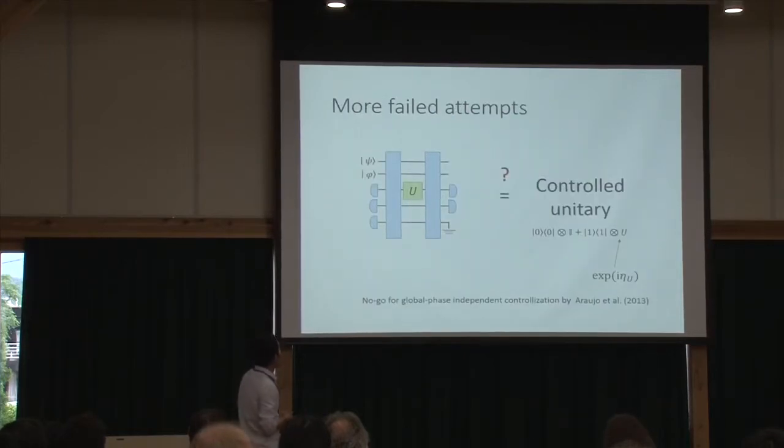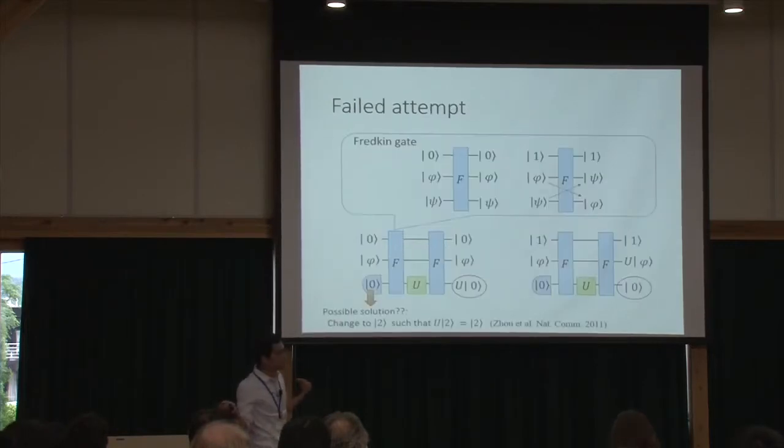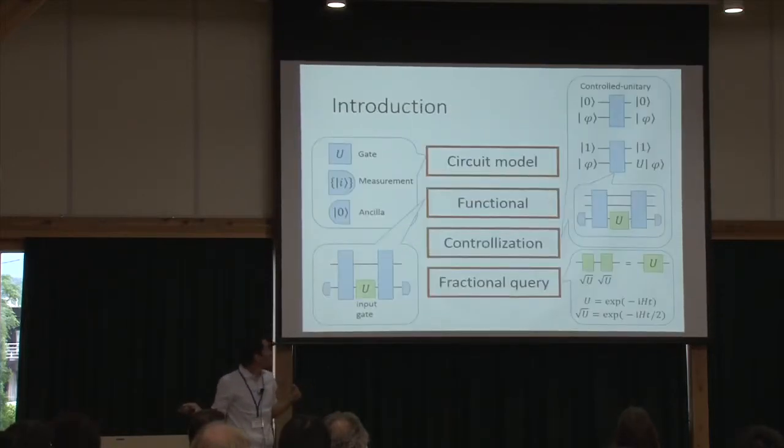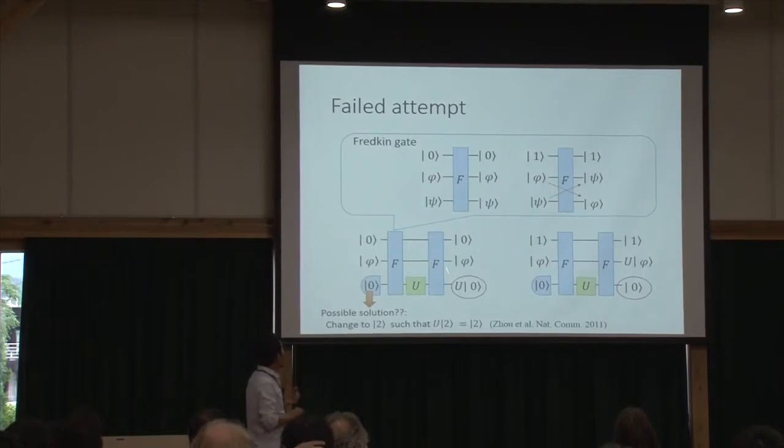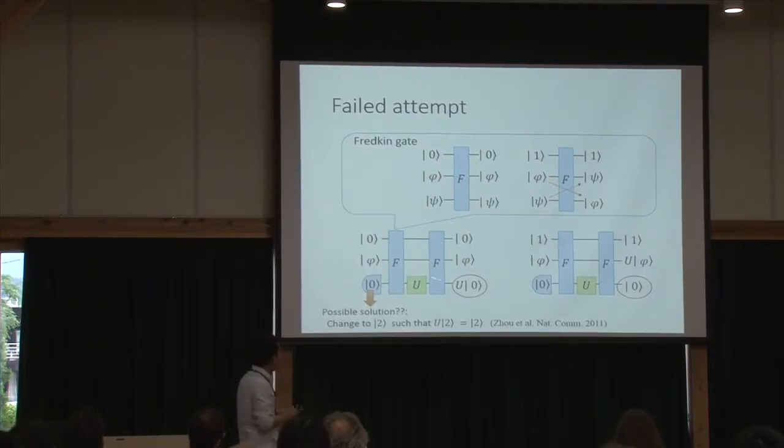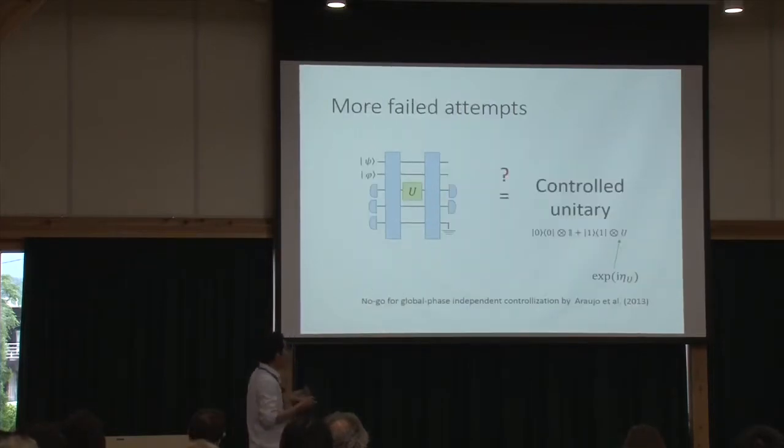Okay, so sorry, let me go back one slide again. There we go. So this failed maybe because we chose some particular implementation, namely the Fredkin gate here, right? But can we achieve what we want if we go beyond this Fredkin gate implementation?